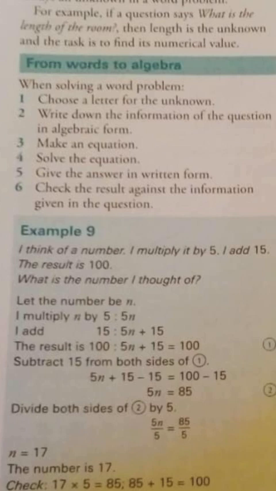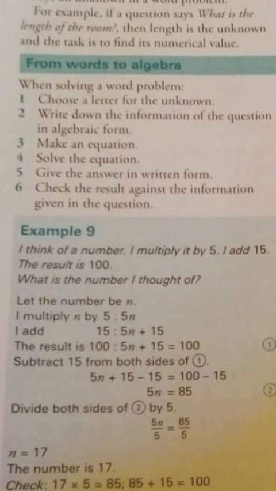When you add 15 to that number that you multiplied by 5, you have 5x plus 15. The result is 100. That means that unknown number multiplied by 5 and 15 is added to it is equal to 100. So once you have this understanding, you now have a resulting equation that is 5x plus 15 is equal to 100.